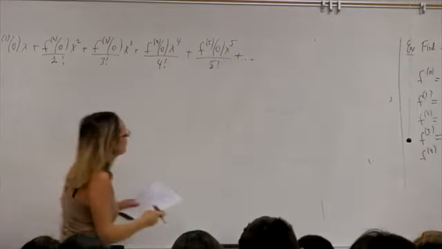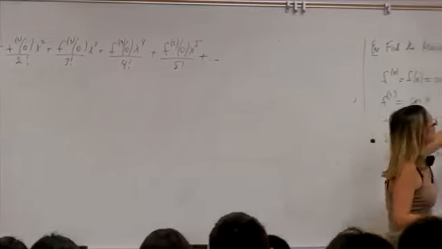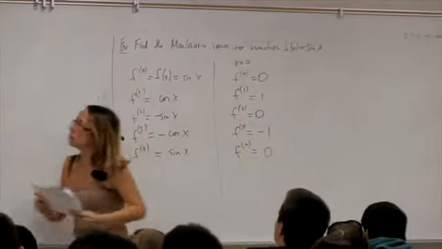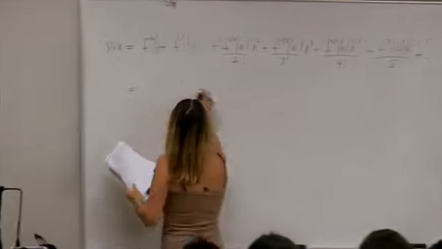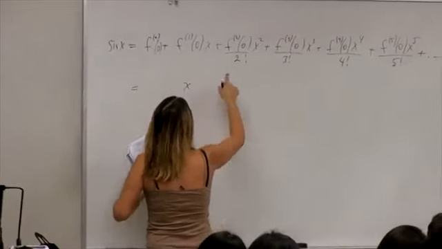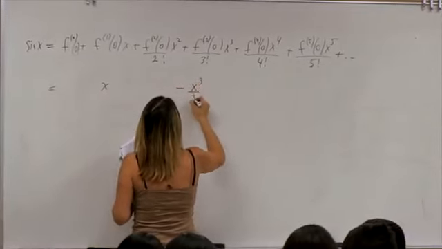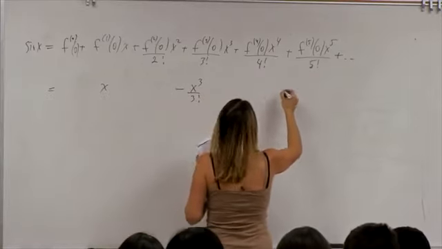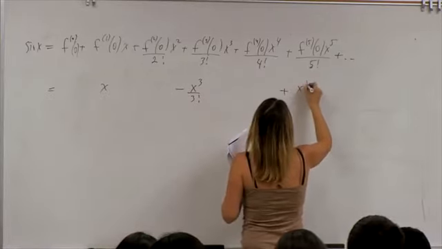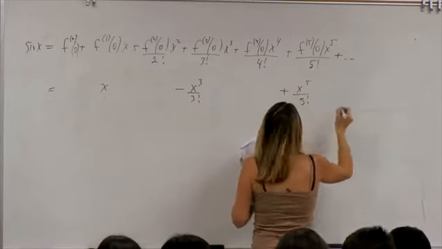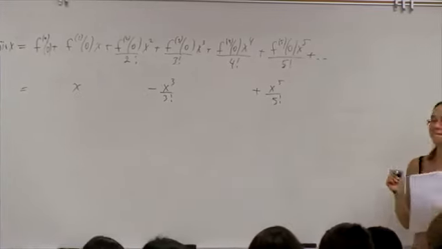The first one is 0, 1, 0, minus 1. So I have nothing. I have 1. Nothing. Minus 1. Nothing. 1. What's the next term?